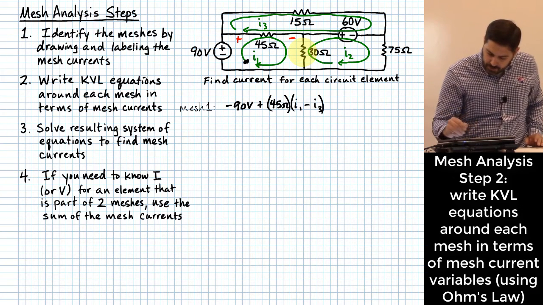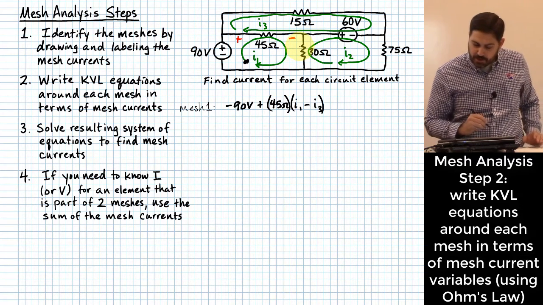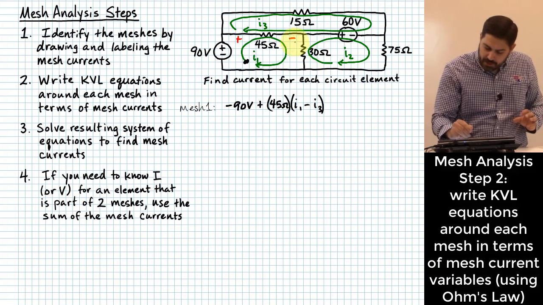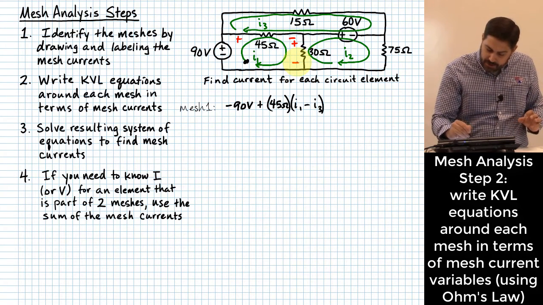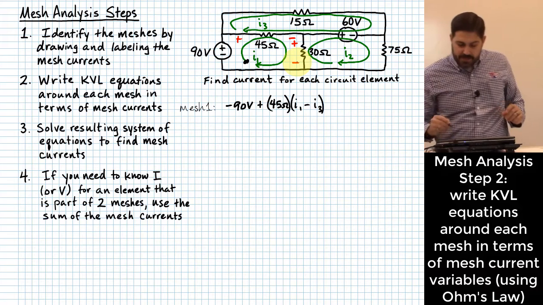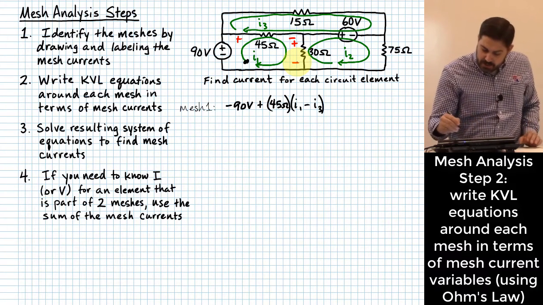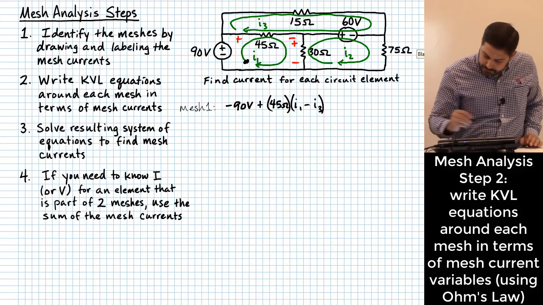30 ohms. So the voltage I have across my 30 ohms works kind of the same way. If I assume positive voltage coming this way, then I would say I1 minus I2 is the current, and 30 ohms is the resistance.